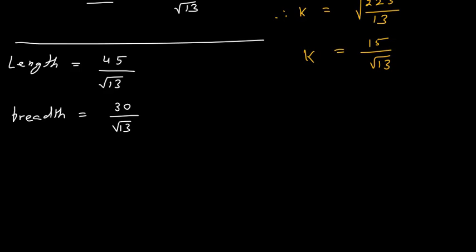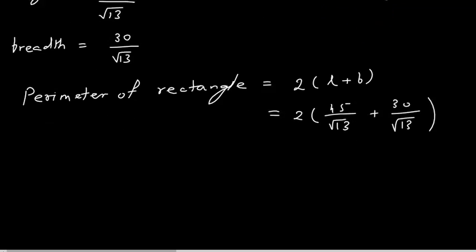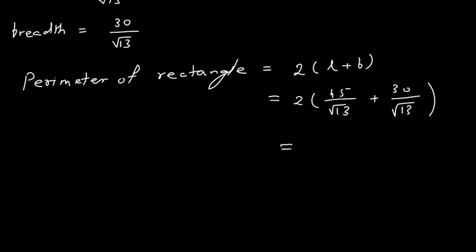Now the perimeter of the rectangle. The formula for perimeter of a rectangle is what? 2 into length plus breadth. So this is 2 into 45 upon root 13 plus 30 upon root 13. So 45 plus 30 is 75, 2 into 75 upon root 13.